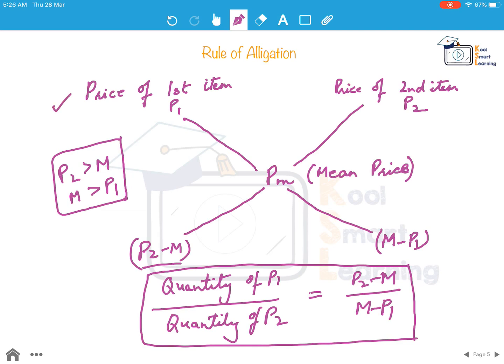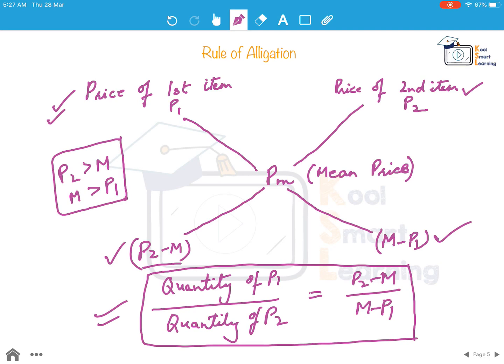So quantity of P1 divided by quantity of P2 is equal to P2 minus M by M minus P1. So using this formula, if we are given the mean value and the price of the first item and the second item, we can find out the ratio in which the two should be mixed or the two are mixed.